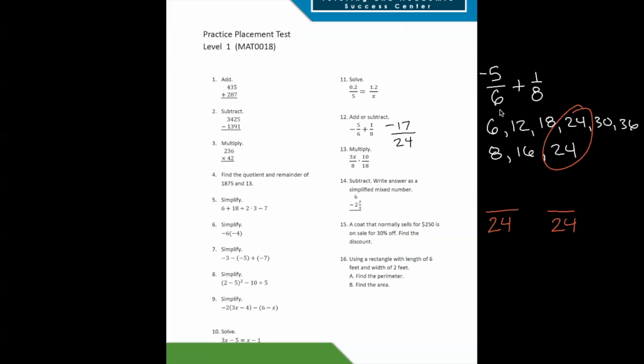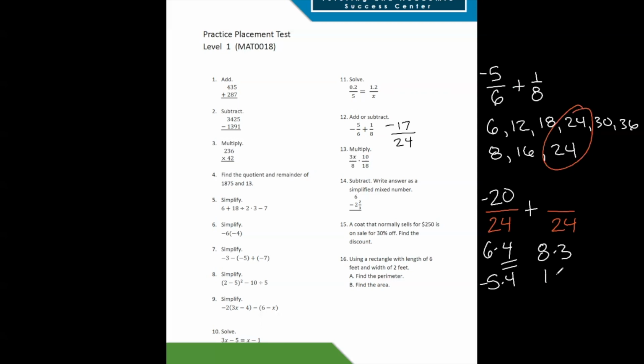Well, in order to get 24 on the bottom of my first fraction, I would have done 6 times 4, which means if I multiply the bottom by 4, I also need to multiply the top by 4. So I'm going to do -5 times 4, which is -20. Over here, I did 8 times 3 to get 24.